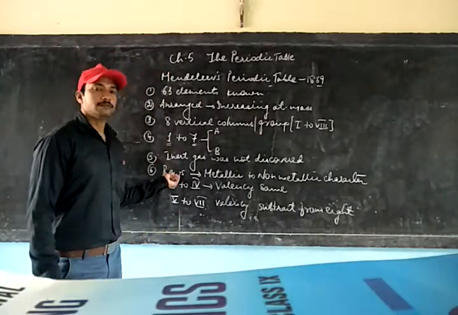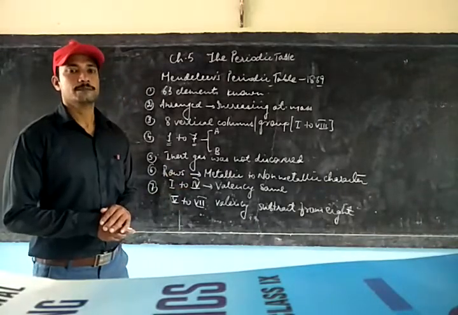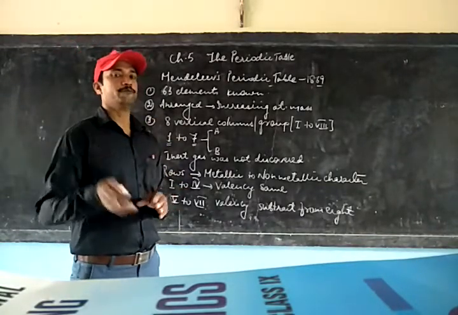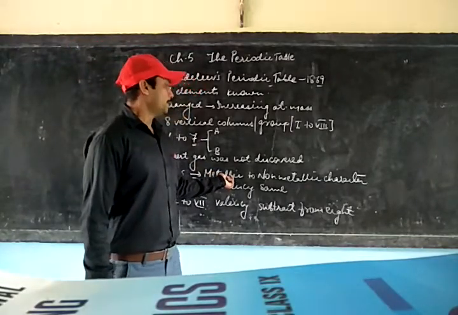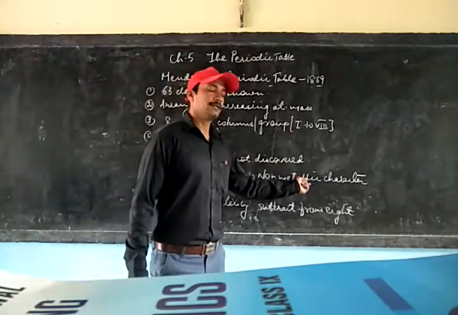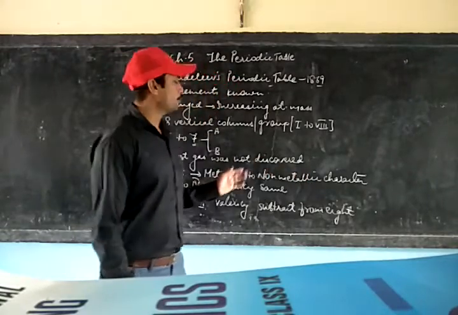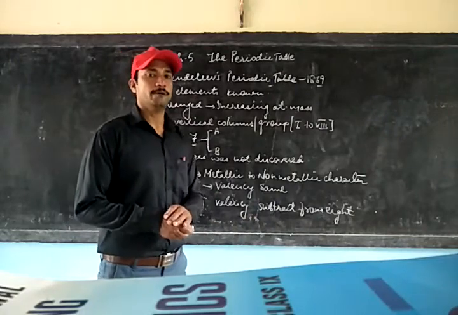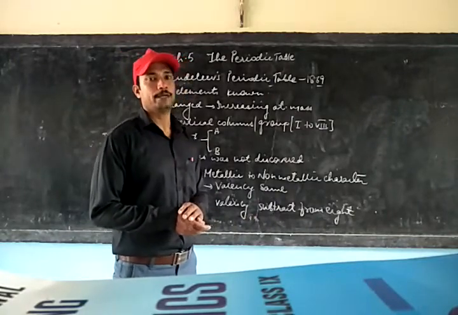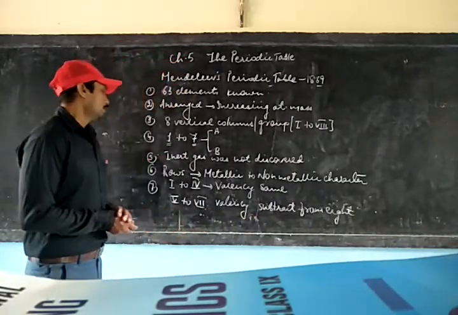Then on moving along the rows, that is from left to right, metallic character decreases and non-metallic character increases. That means we are moving from metal to non-metal.